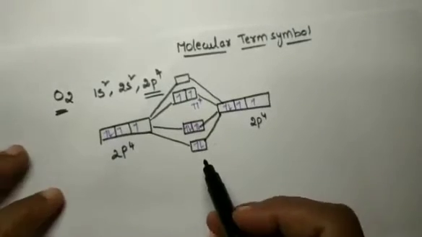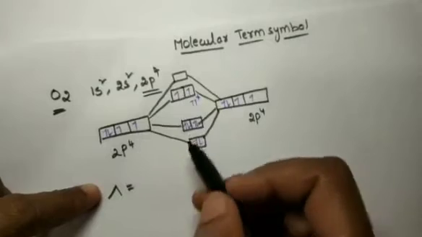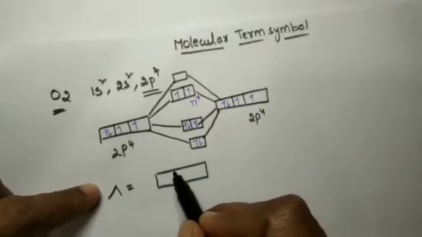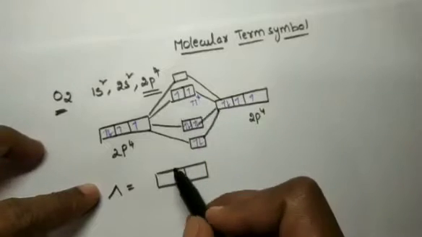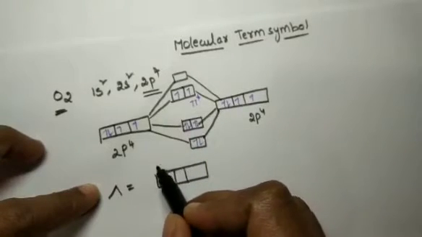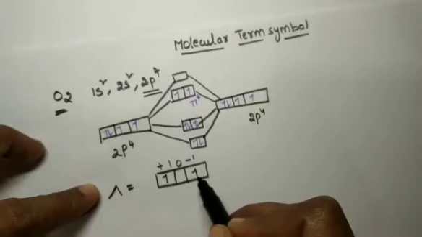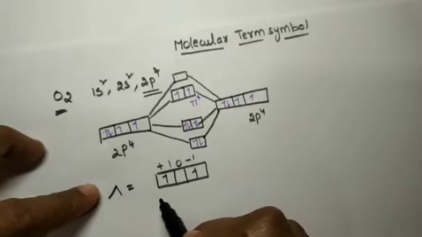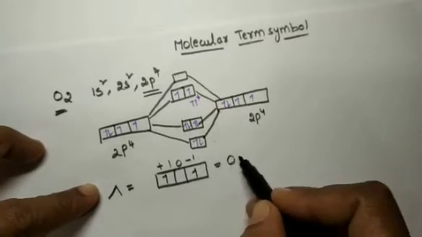So, how will we know the lambda value? Here 2 electrons are there. These 2 orbitals are equal, so the 2 electrons we fill like this: 1 electron here and 1 electron here. So plus 1, minus 1 will be 0.